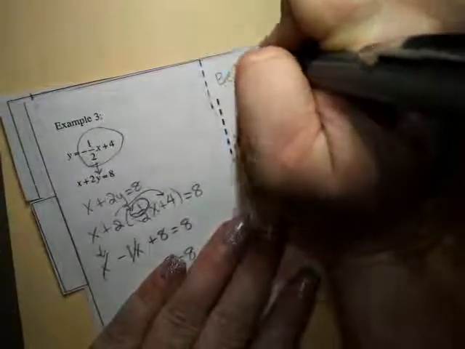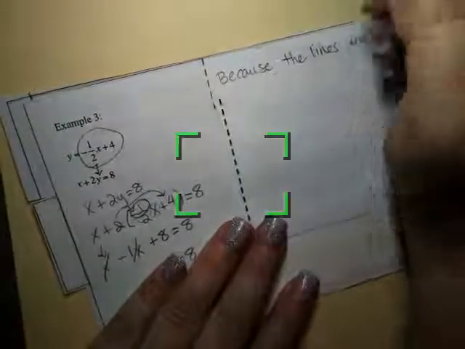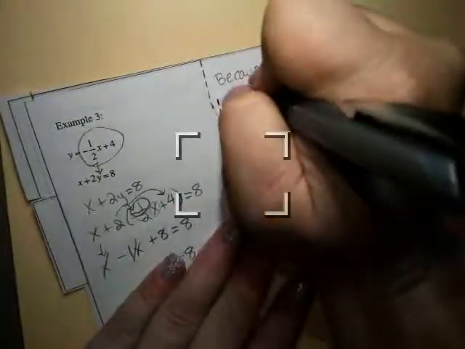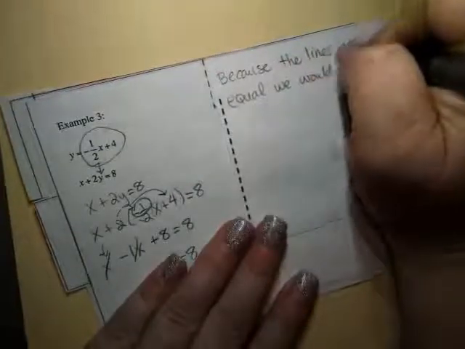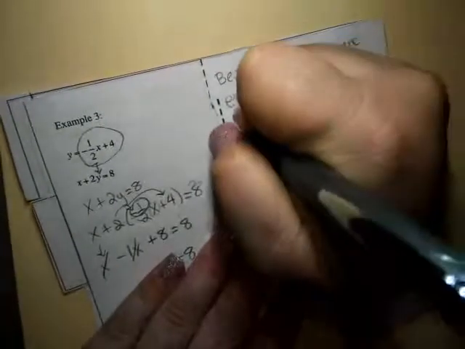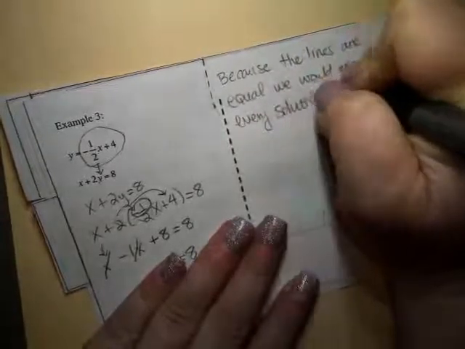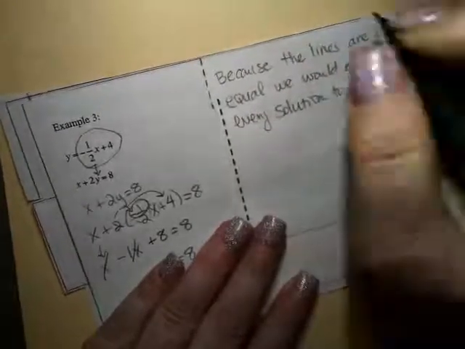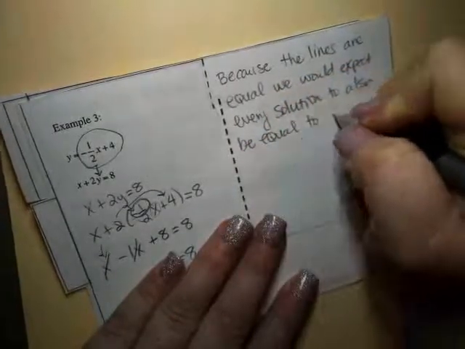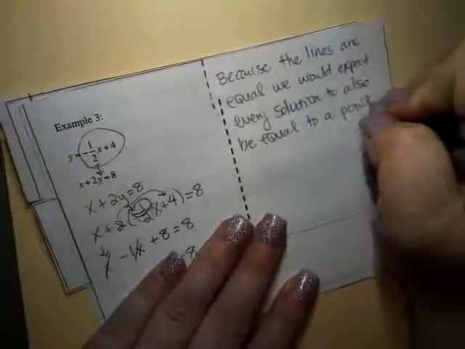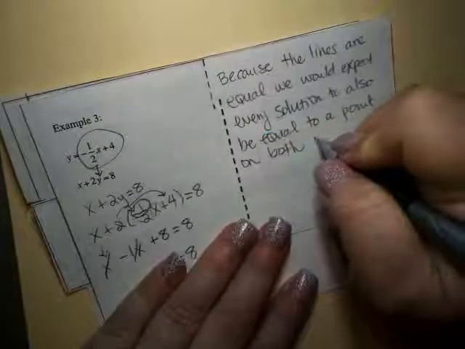So because the lines are equal, we would expect every solution to also be equal to a point on both lines.